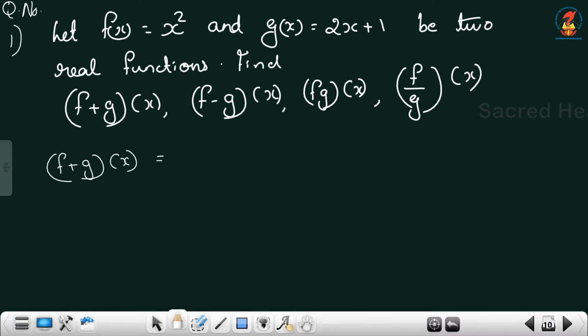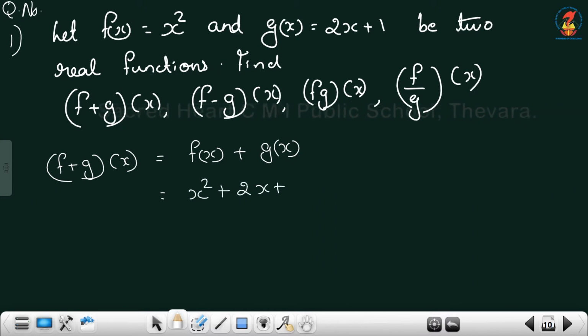According to the algebra of real functions, it is defined as f(x) plus g(x). So what is f(x)? It is x square. What is g(x)? 2x plus 1. Or I can write x plus 1 whole square or keep as itself. That is (f plus g)(x).